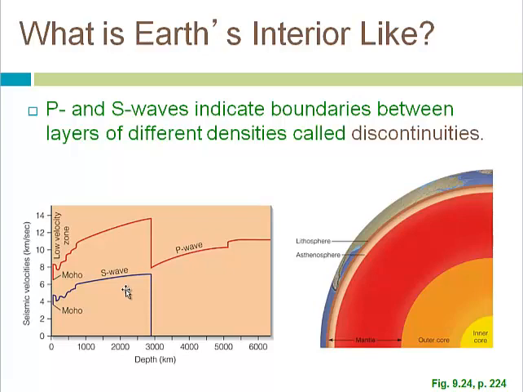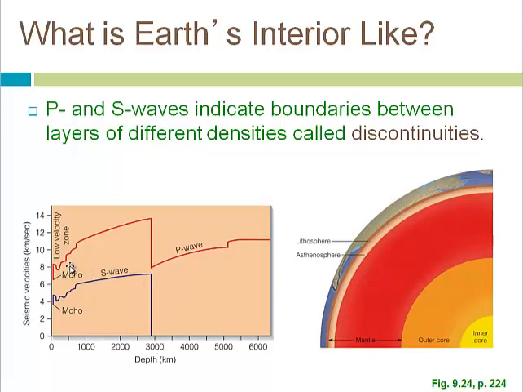And so we have these changes. Here we have an S wave, and it reaches a certain depth and just disappears. It stops. In this case it's approximately 2,900 kilometers, which means that the core turns from solid to liquid at about that point.